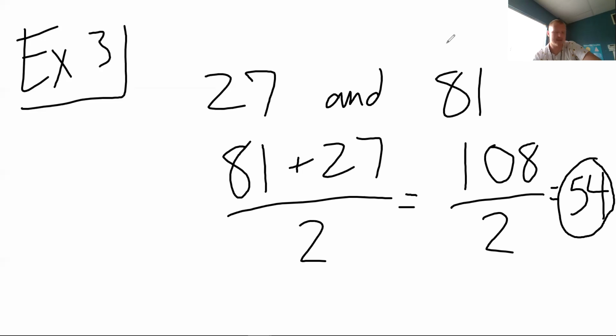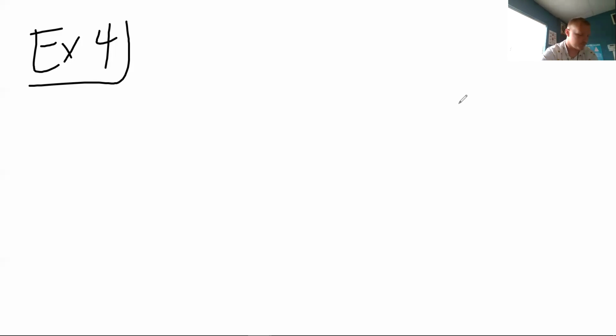All right, last example, example number 4. We're working with line graphs. I'm not going to put it up on the board or it's going to take another 10 minutes, and I don't want to waste a bunch of our time. So on page 90, there's a line graph right there.